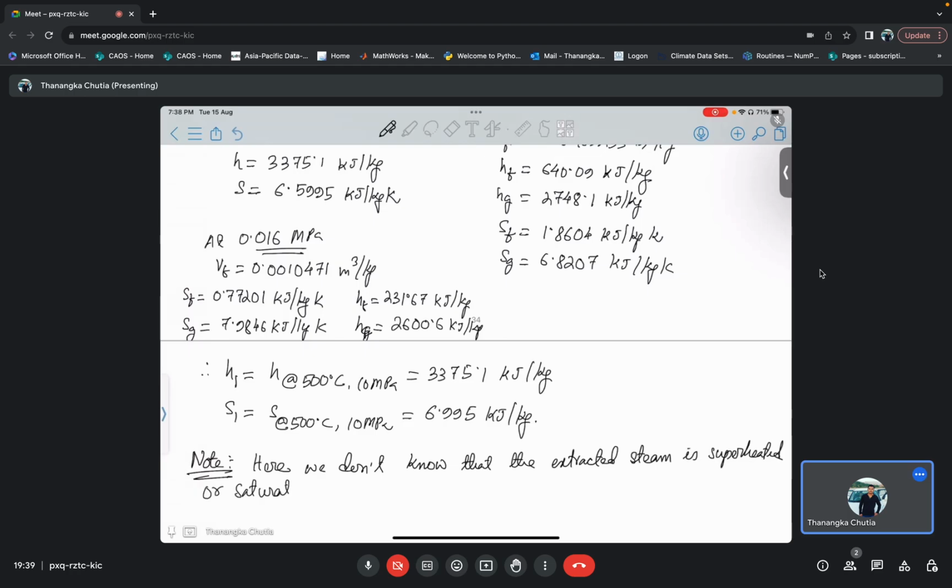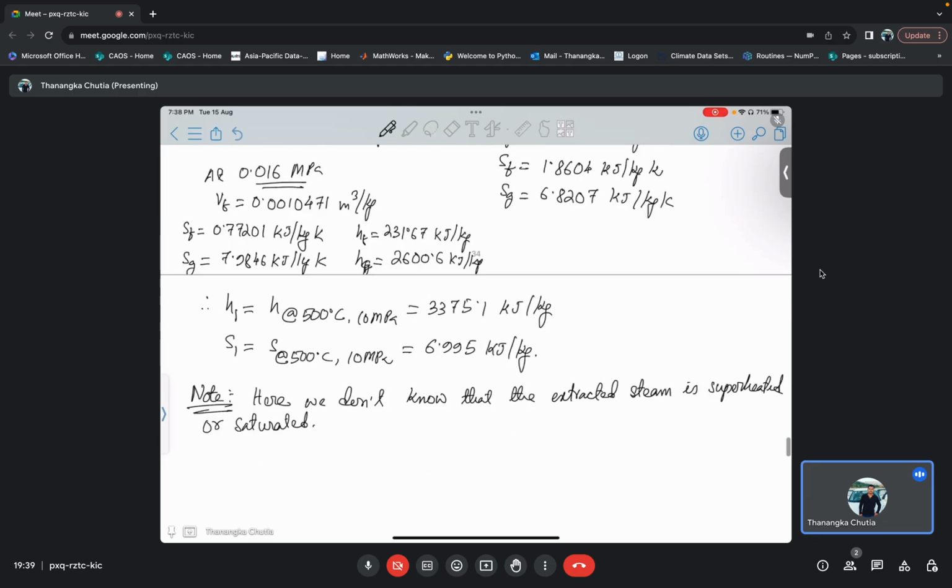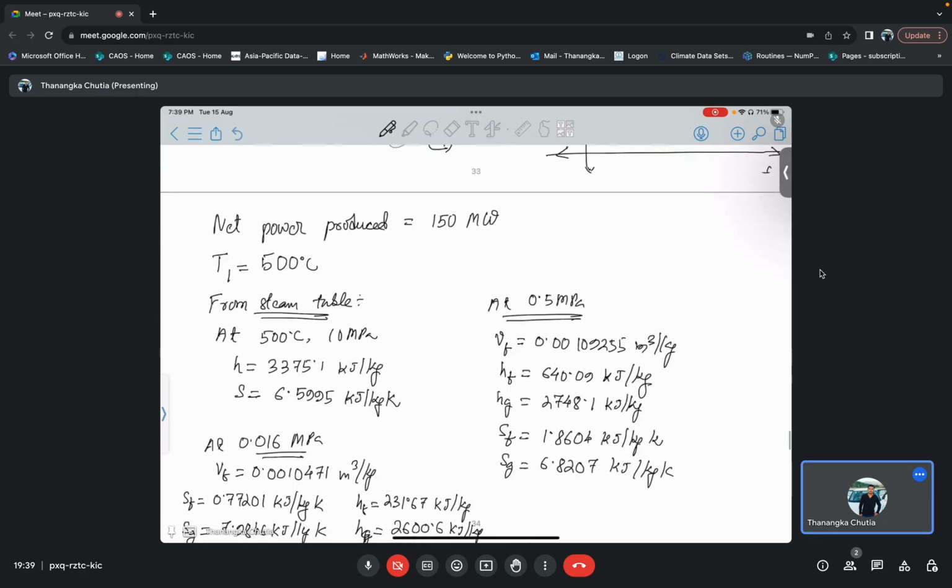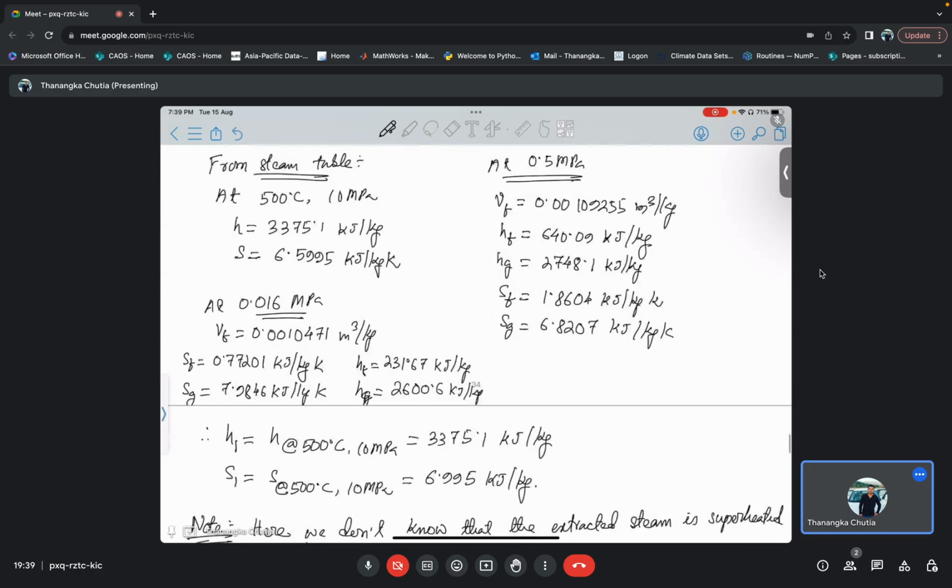Okay, so this one first we have to check. So how will we check? We know that S2 is equal to S1, and that is equal to 6.5995.